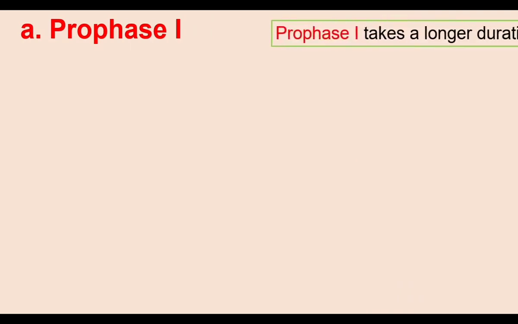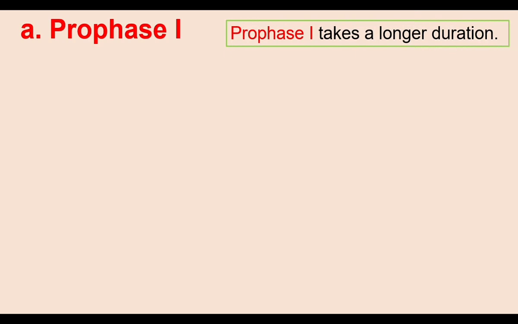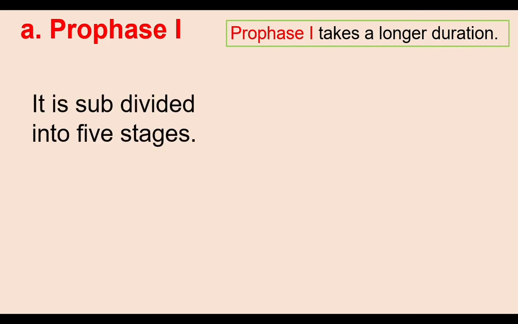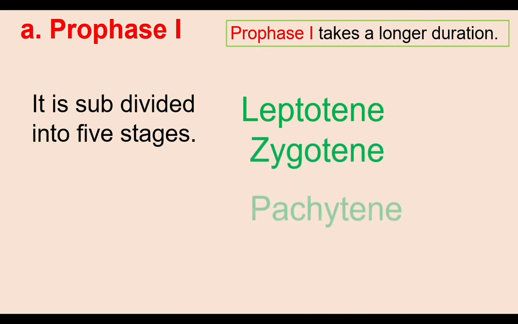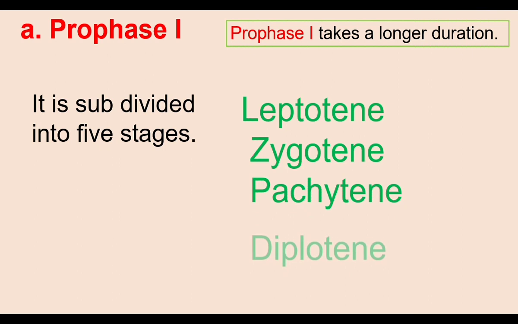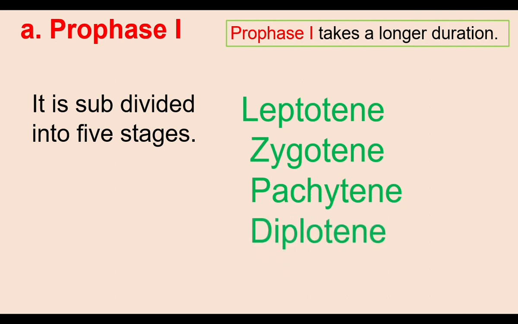Prophase 1 takes a long duration. In meiosis I, prophase 1 takes a long duration because it is again divided into 5 stages. They are leptotene, zygotene, pachytene, diplotene, and diakinesis.